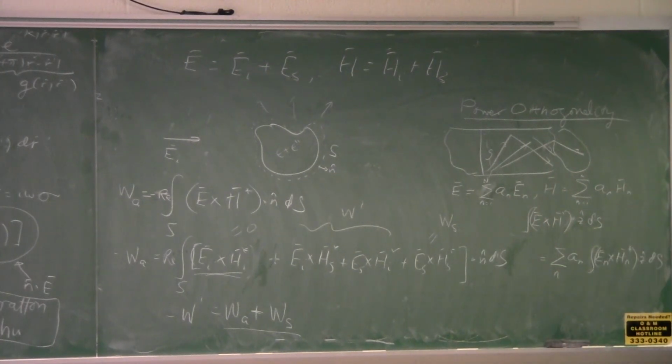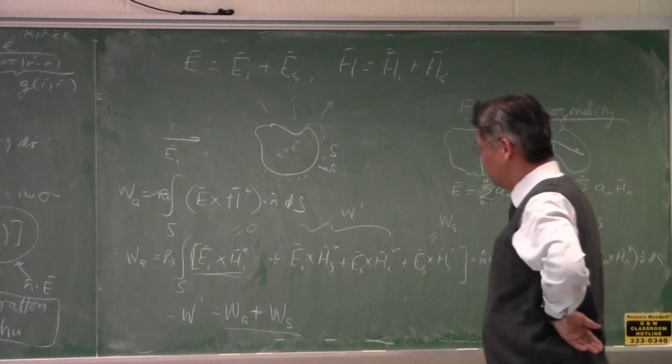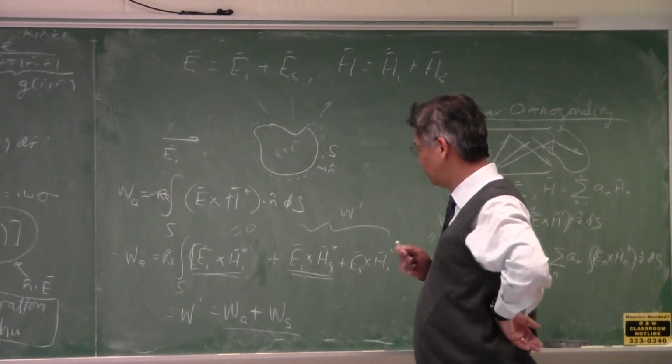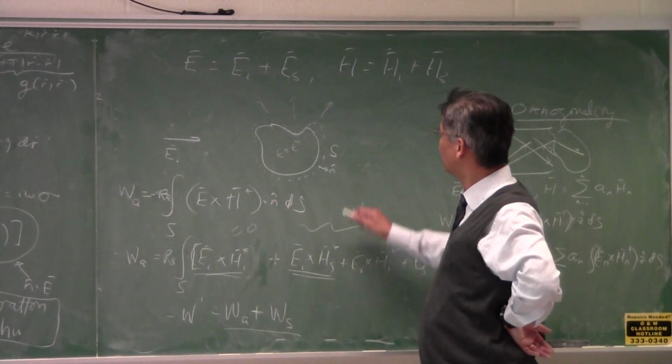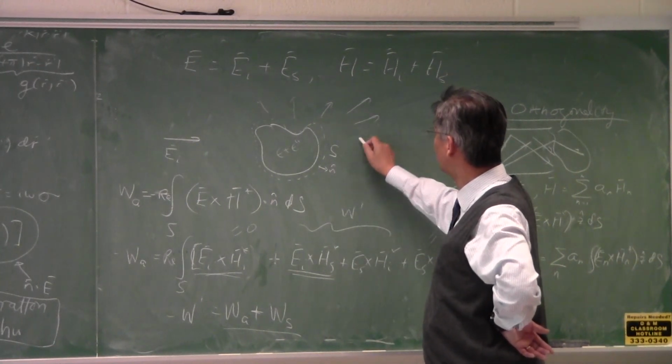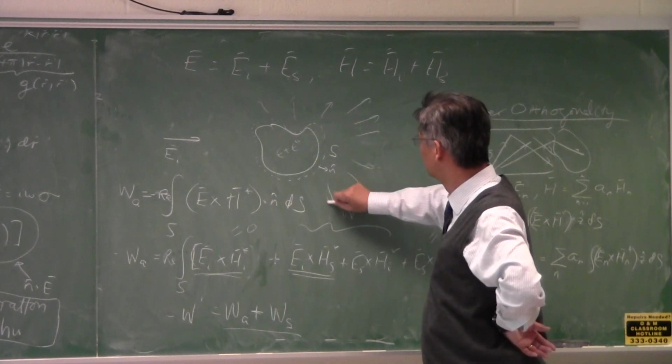What it says is that if the k vectors of the plane waves are not the same as each other, they will not interact with each other. So what it says is that of these terms, if you look at this term over here, this scattered wave gives rise to k vectors that are all pointing in all different directions.